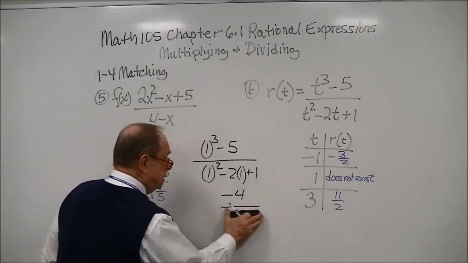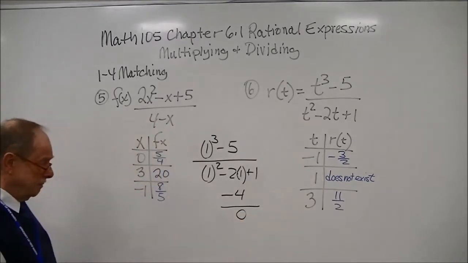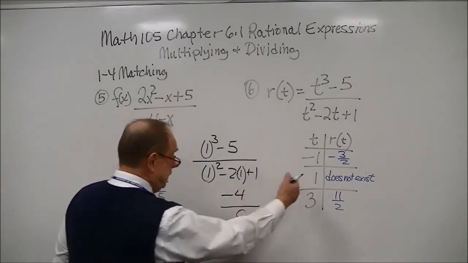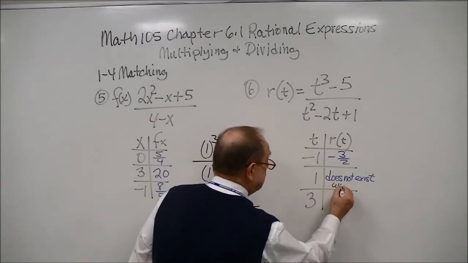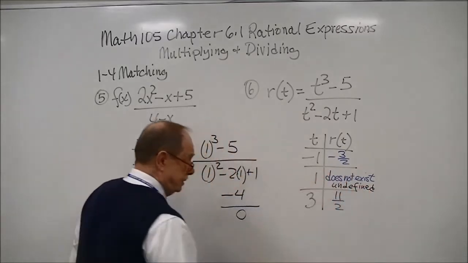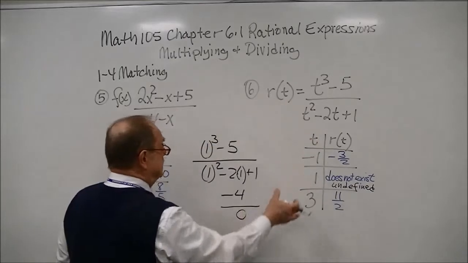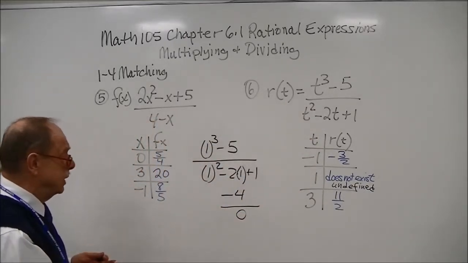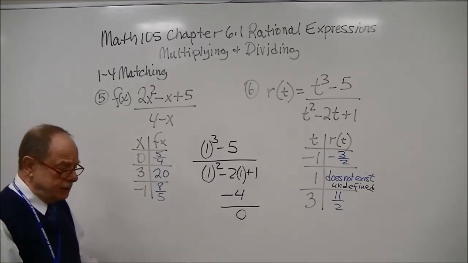So our denominator is going to become a 0. So anything divided by 0, we say does not exist, and we would have used undefined. And I guess they're using that as a synonym. And the other answers, again, this video is meant to show you how to work them, not necessarily to do them all. We want to deal with strategy here.